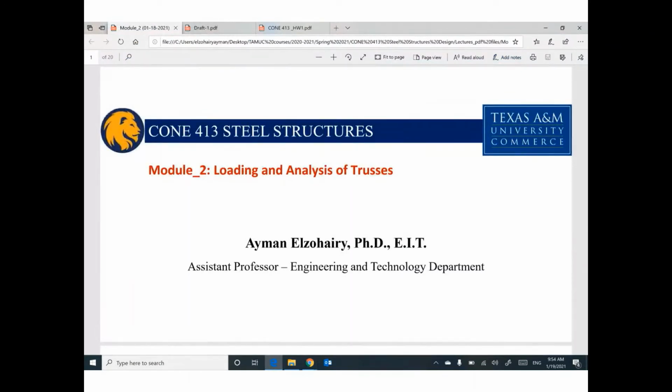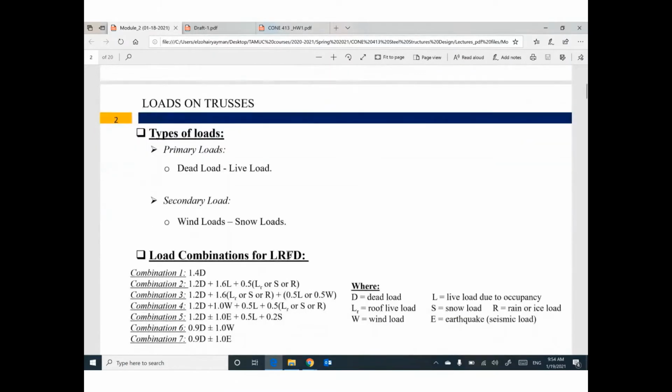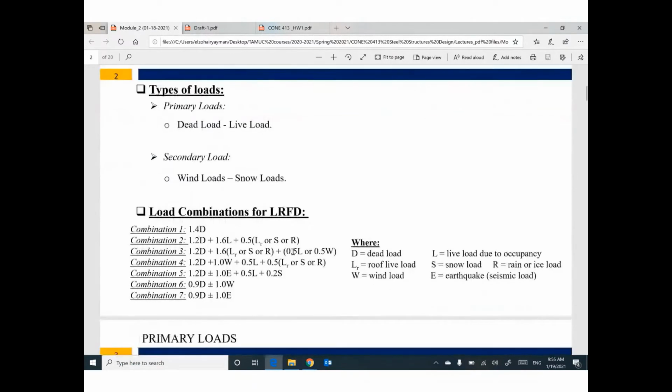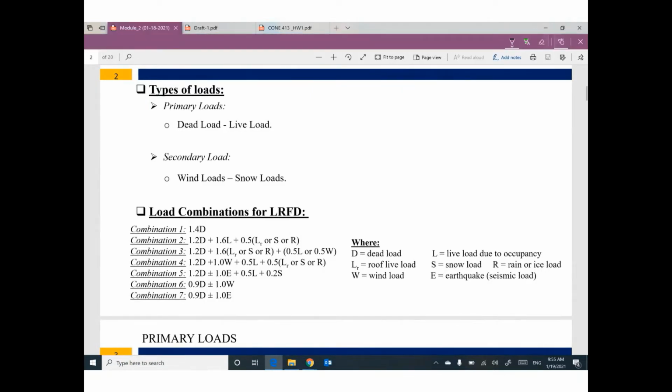We need to do loading and analysis of trusses. Our meeting today will be about loading and analysis of trusses. We will cover in this course 4 loads, or 2 types of load. Primary loads, which are dead load and live load.